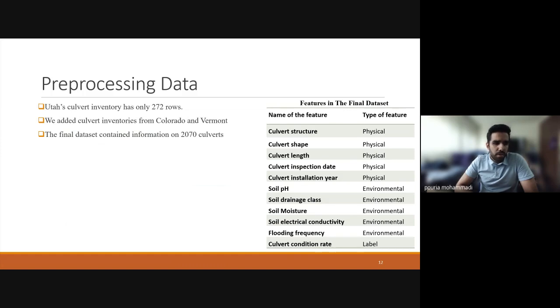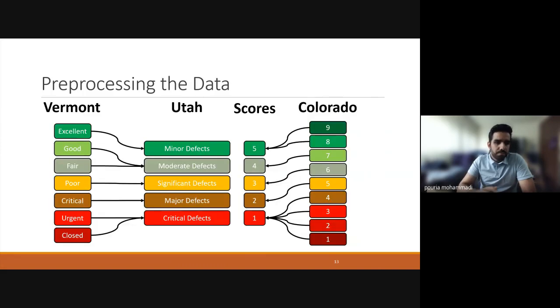Soil pH, soil drainage class, soil moisture, soil electrical conductivity, and flooding frequency are the environmental features that we have added to our dataset. The target variable that we are looking for is the culvert condition rating that we are using for prediction and for deterioration.